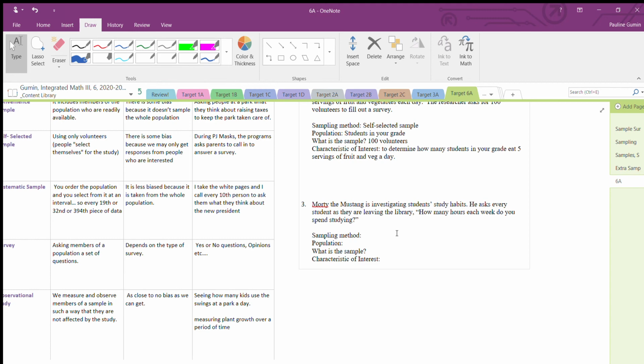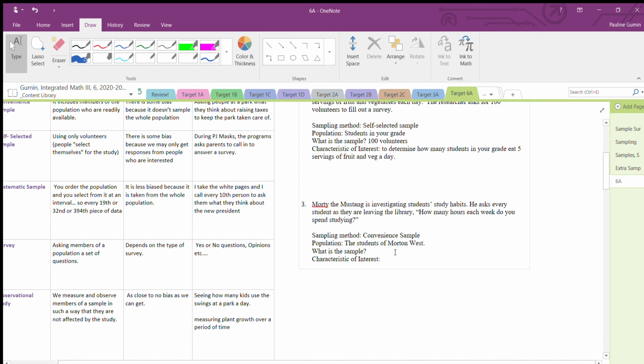That's pretty convenient. I can never spell that one right. Thank you, spell check. Convenience sample. What's the population? Well, pretty much the student body. The students of Morton West.